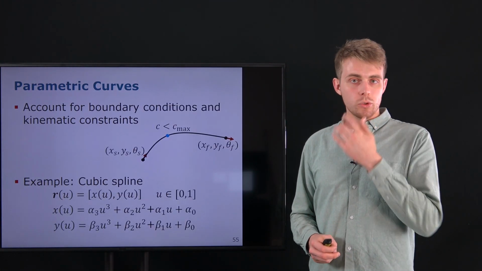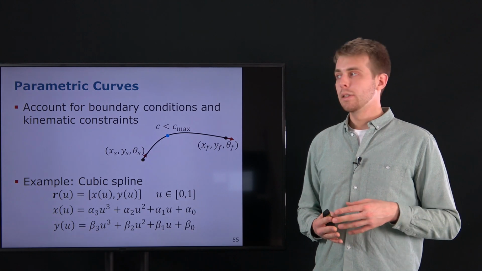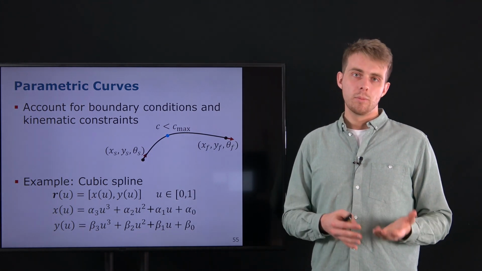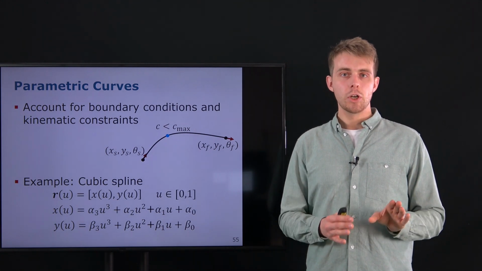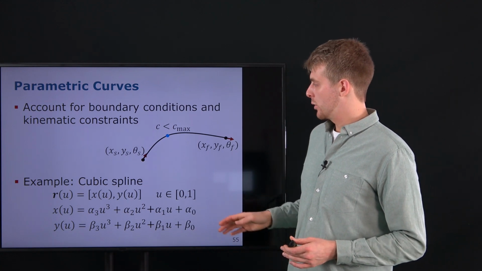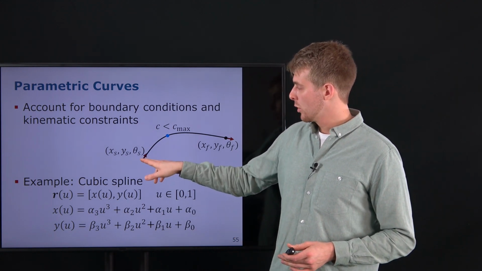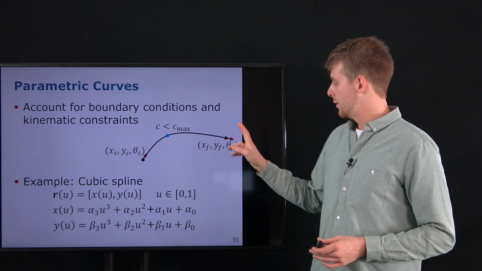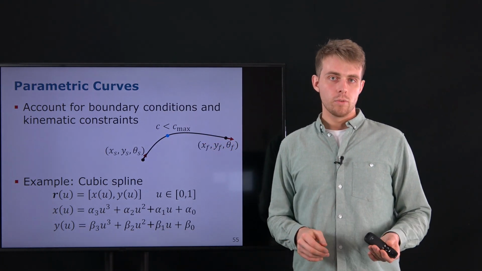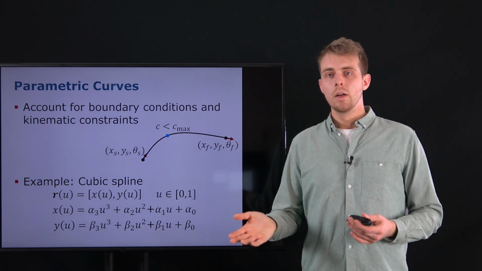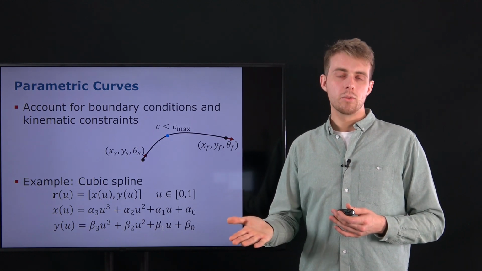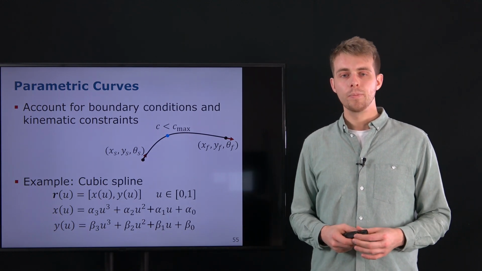So one way to generate this trajectory is to use parametric curves. This is in contrast to sampling-based methods where we just sample configurations and combine the list of configurations. So here we have different conditions we need to meet, like the current position and the orientation and the final position and orientation, and maybe also a constraint based on the curvature, because the curvature determines how nicely the trajectory is to follow for the passenger.